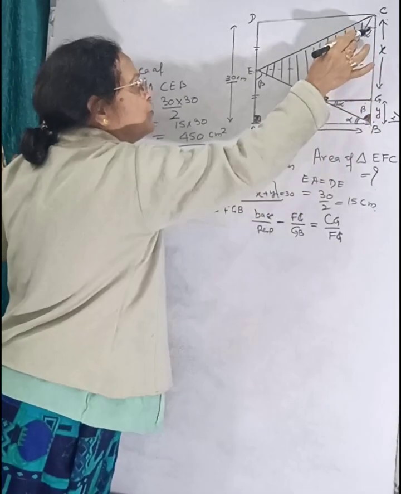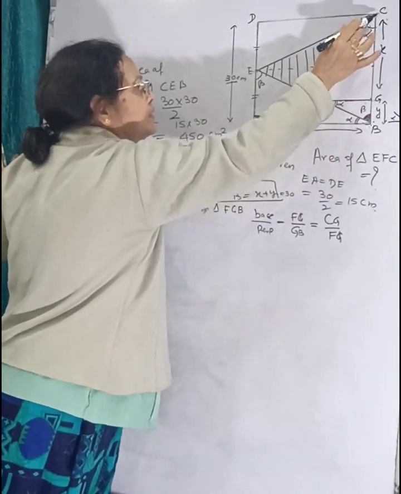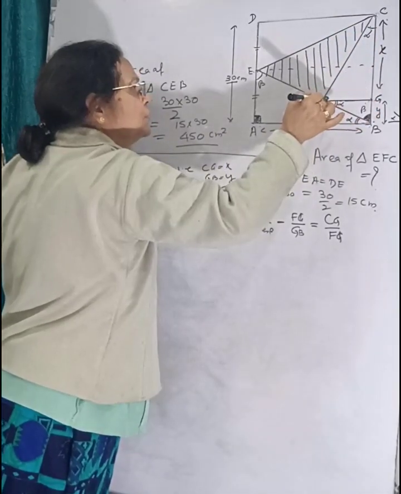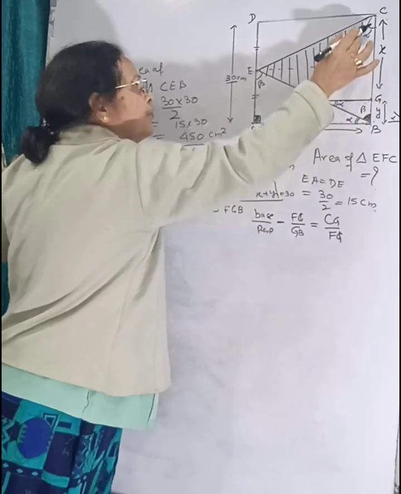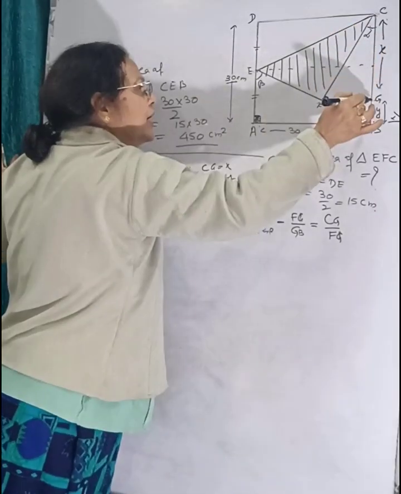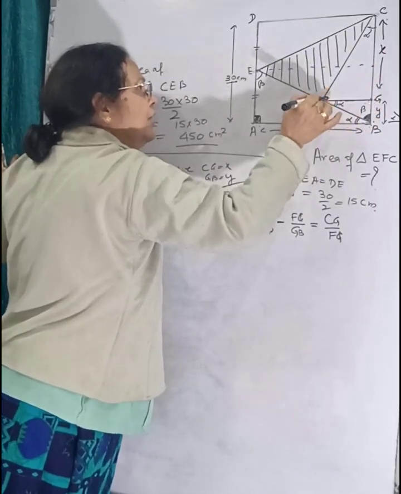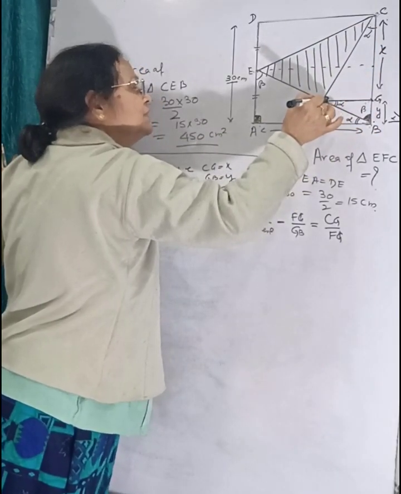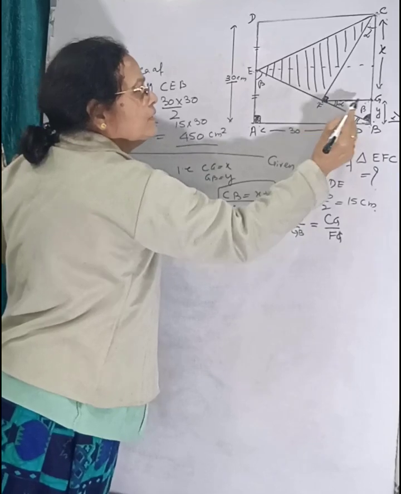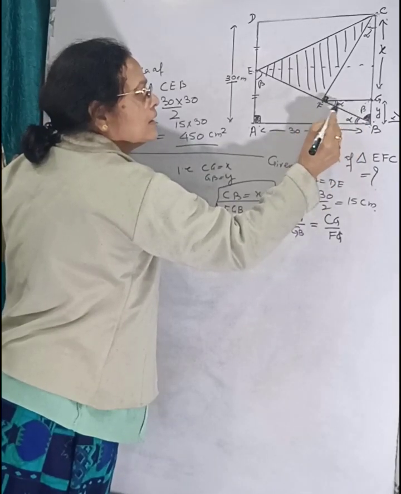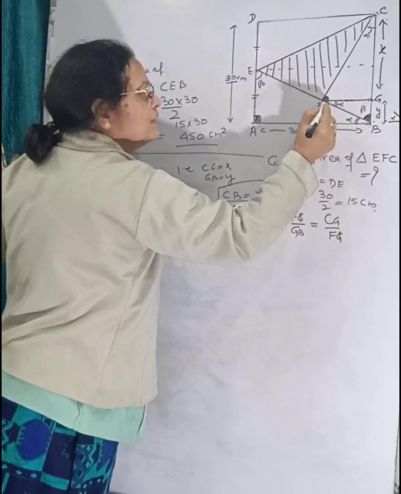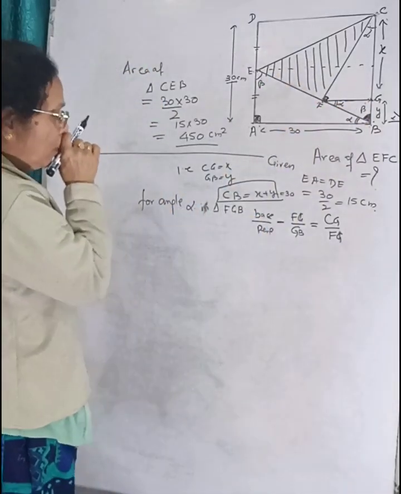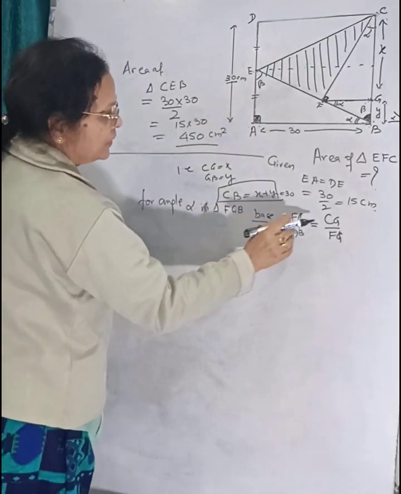It means, see, CG is base for this angle upon the perpendicular for this triangle. For angle alpha in this triangle CGF, this is base upon perpendicular for this angle. Similarly, in this triangle, FG is base and GB is perpendicular, base FG upon perpendicular.